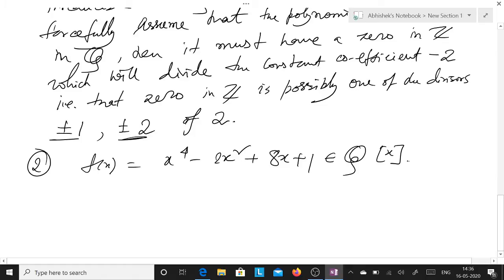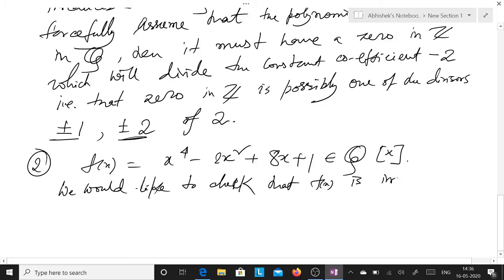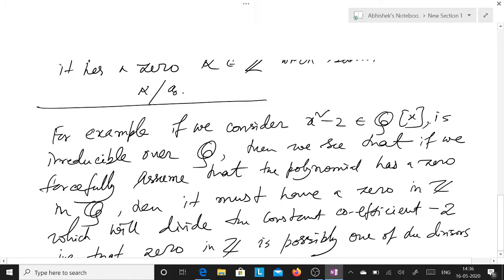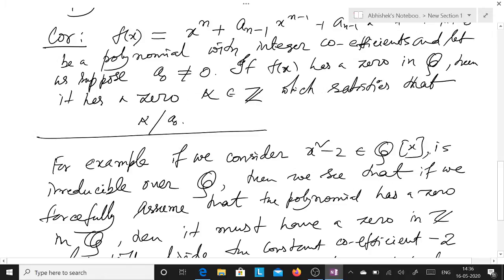Now we need to check that this f(x) is irreducible over Q with the help of the corollary that we have stated above.